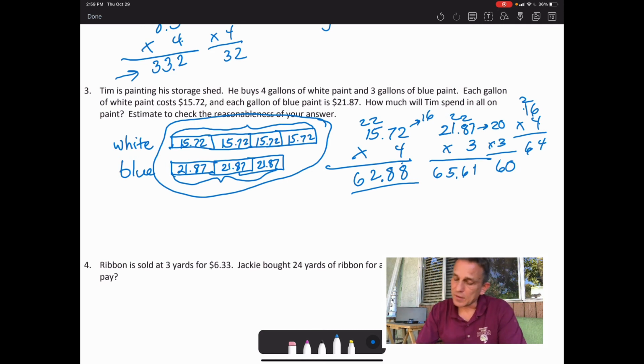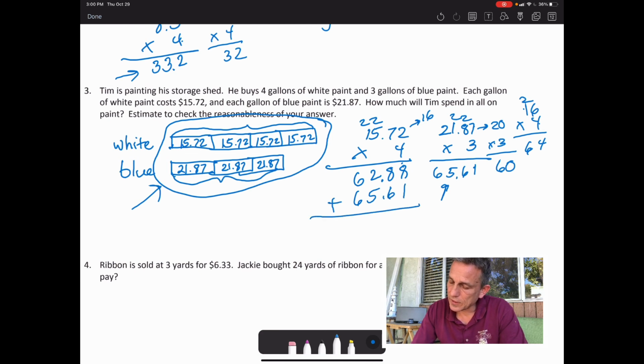Now I'm not done yet, because I still need to figure out what he spent total in paint, which is all of this. So I'm going to take this product and add it to this product. So I have 65 and 61 hundredths.